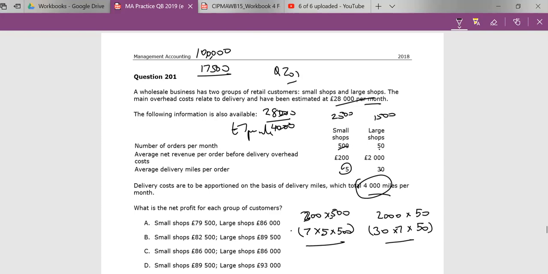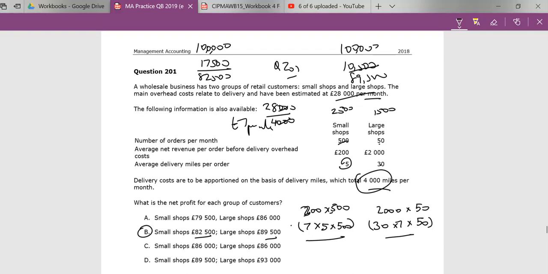Take away 17,500 from 100,000 and you have 82,500, so I can see that already in B. If you did the same thing here, you'd have 30 times 7, which is 10,500, and again 100,000. Take 10,500 off 100,000 and you have 89,500. Confirming that, the answer for 201 is B.